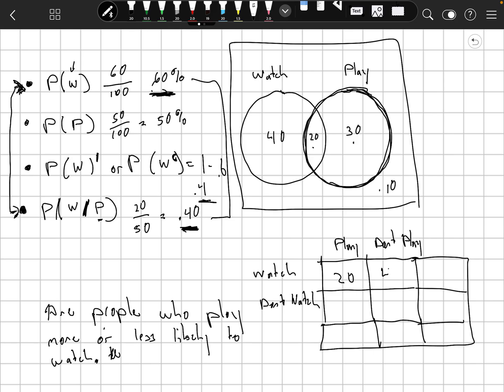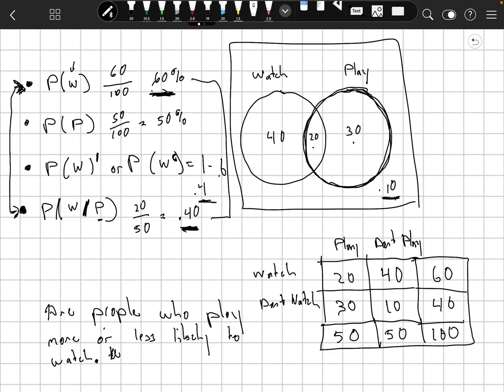People who watch and don't play is going to be 40. People who watch is going to be 60. Okay. People who don't watch but play is going to be 30. And people who don't watch and don't play, this one outside is going to be 10. And so people who don't watch is 40. And so there's 100 people in all. 50 people don't play, and 50 people do play.